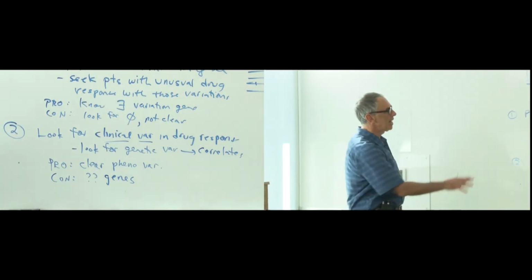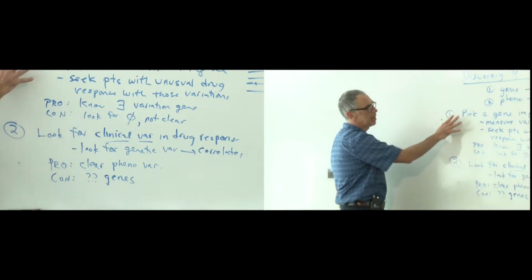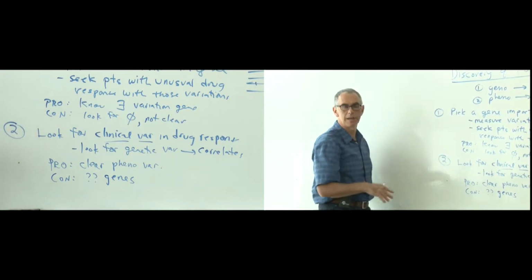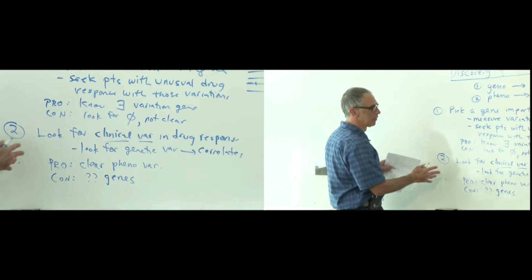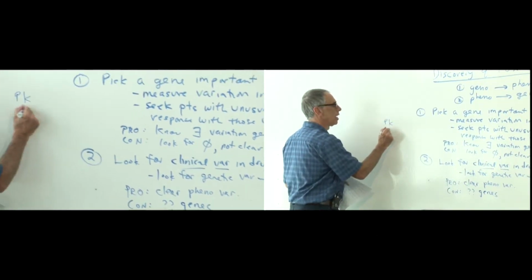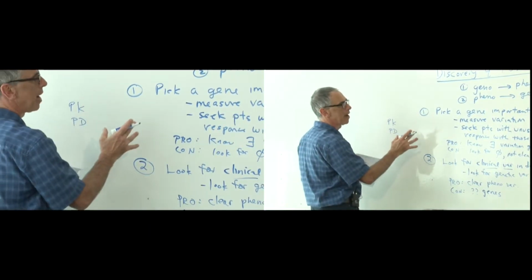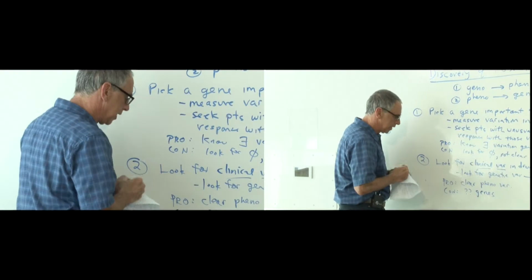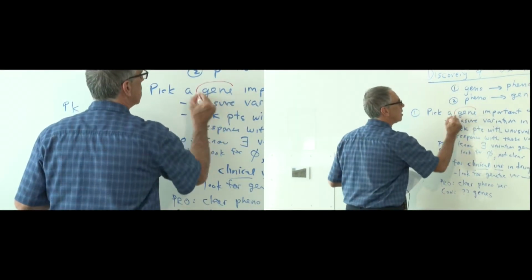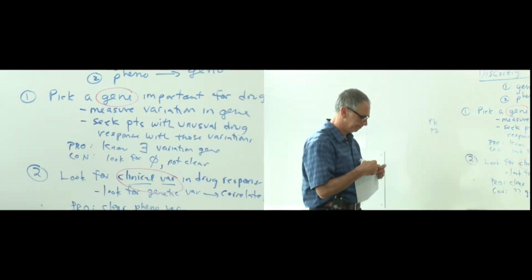For many years, clever pharmacogenetic scientists either did genotype to phenotype or phenotype to genotype based on their knowledge of clinical variability, the PK and PD pathways that were known or partially known for the drugs to generate hypotheses about either which genes would be important or which phenotypes would be worth measuring.